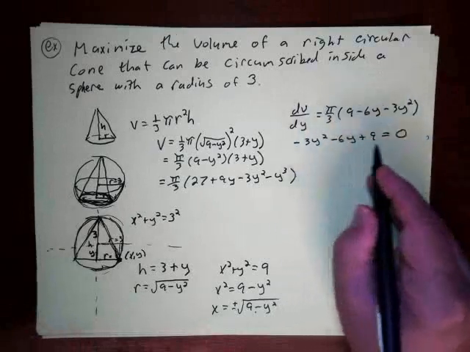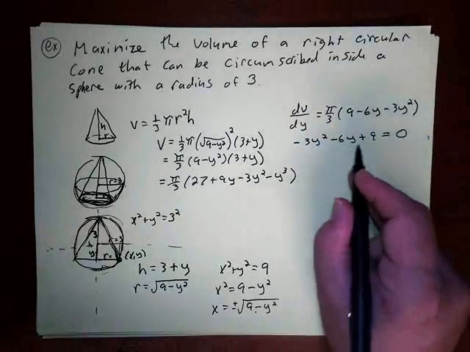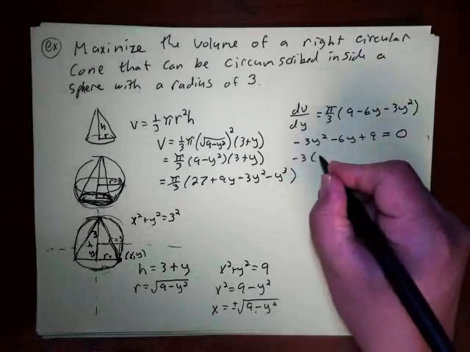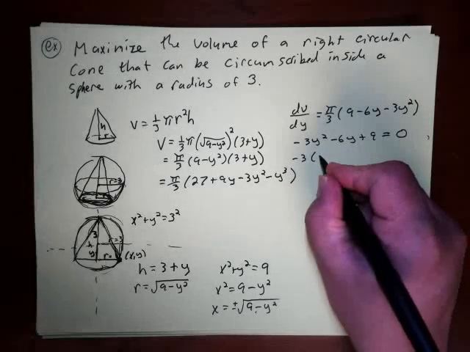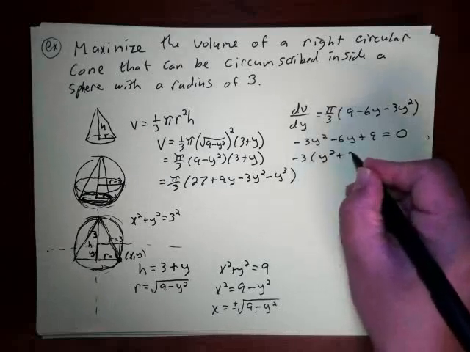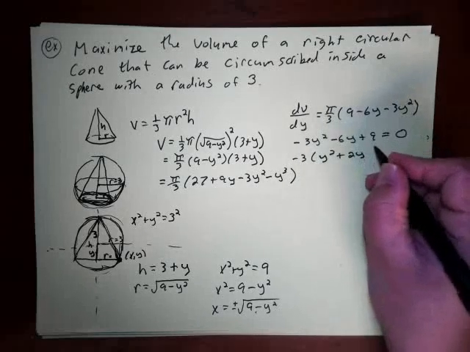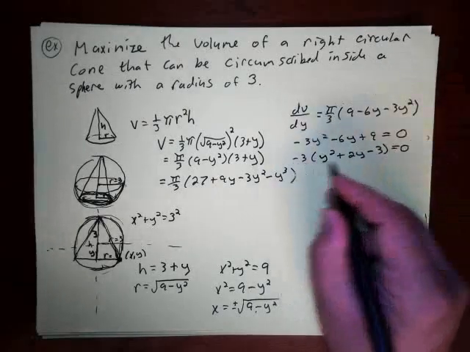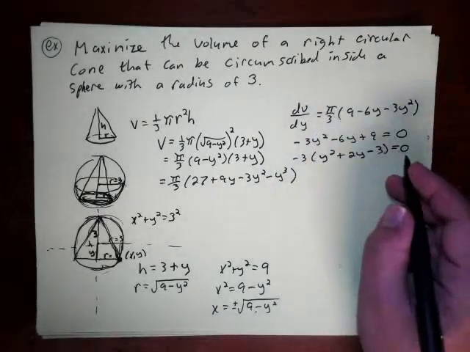So this will be equal to 0 when this is equal to 0. And now I can pull out a negative 3 as well. And then I got y squared plus 2y minus 3 is equal to 0. So then you can divide both sides by the negative 3 and get rid of that.